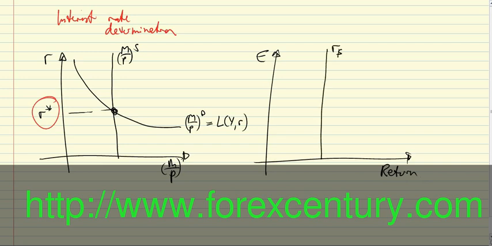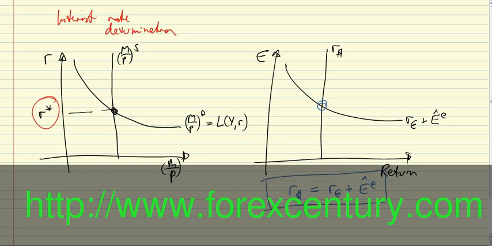One of them, R dollar, is just the domestic interest rate, the domestic return on financial investment, and the other is the euro rate plus E hat E, the expected exchange rate depreciation. Where these are equal, R dollar, the interest rate in the US, is equal to the interest rate in Europe plus expected exchange rate depreciation, and that is our no arbitrage condition, and it determines the equilibrium exchange rate.